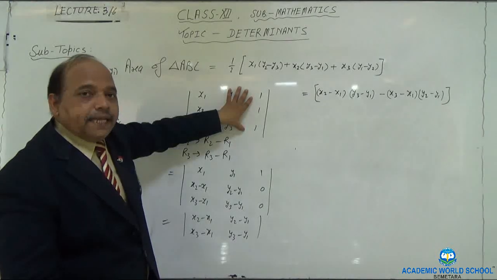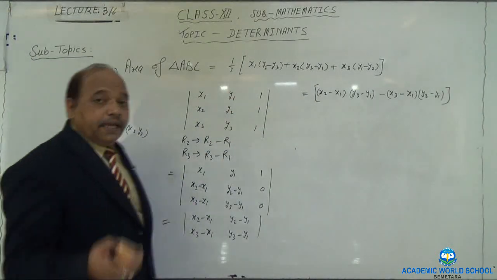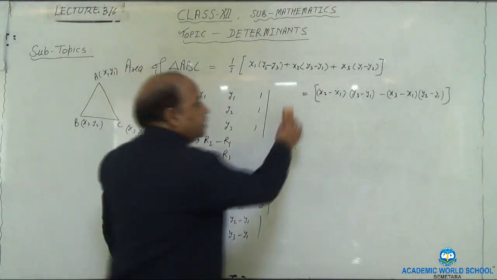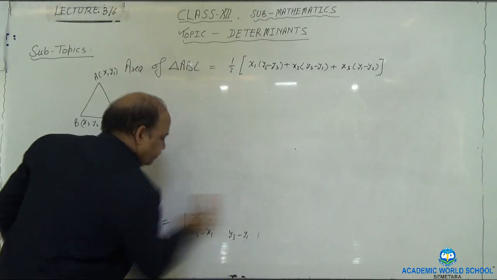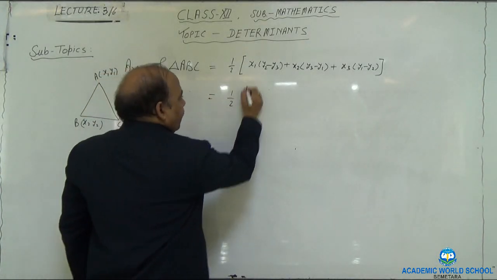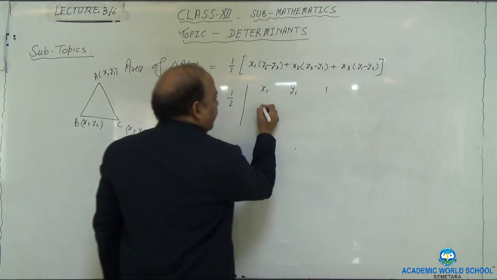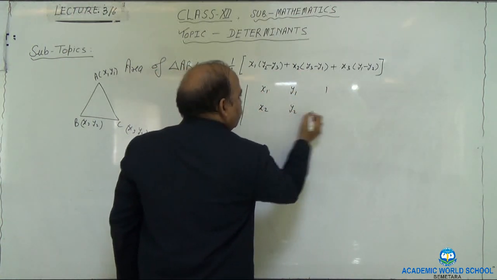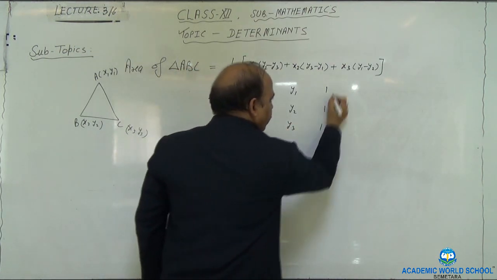So can I say that now if I have to write the area of triangle in terms of determinant, what should that be? It should be nothing but the area can be given by 1 by 2, x1 y1 1, x2 y2 1, x3 y3 1.